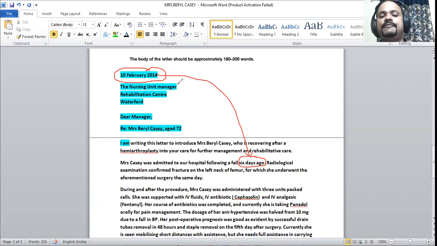So instead of writing that particular date, that's on 4th February 24, I've written 6 days ago to connect these things, because you are writing in this date, today's date. 6 days ago, she was admitted to the hospital. So this is the thing.